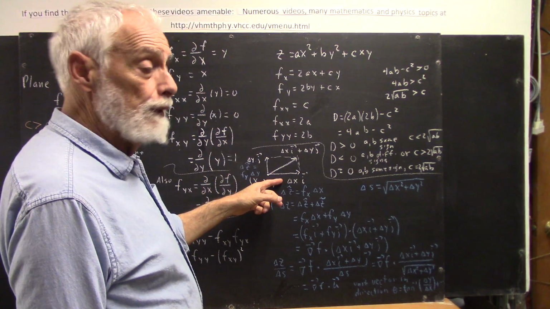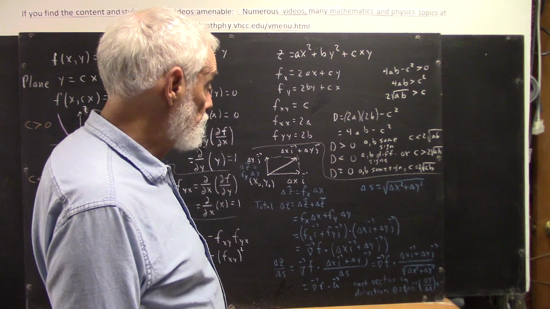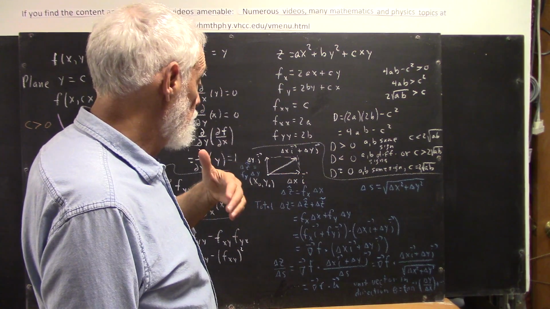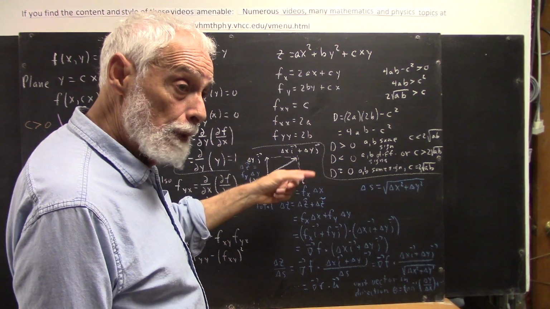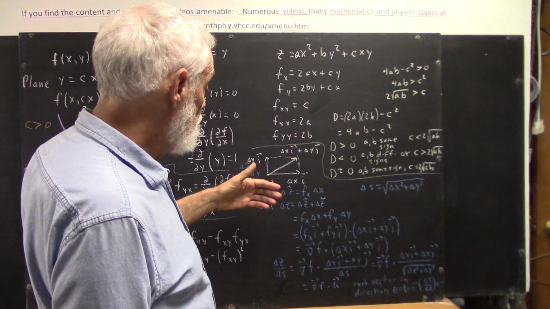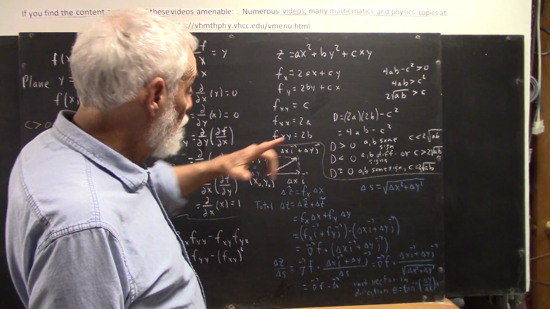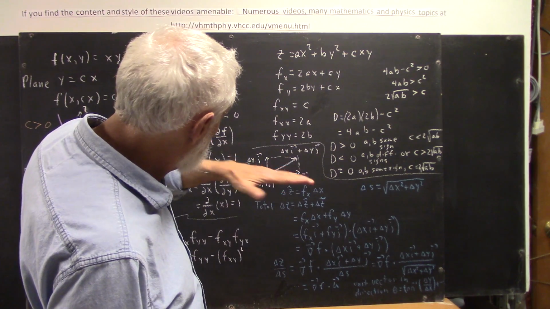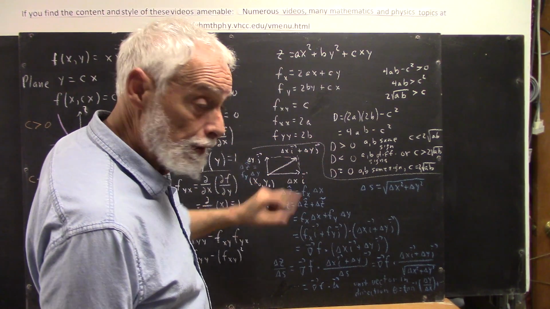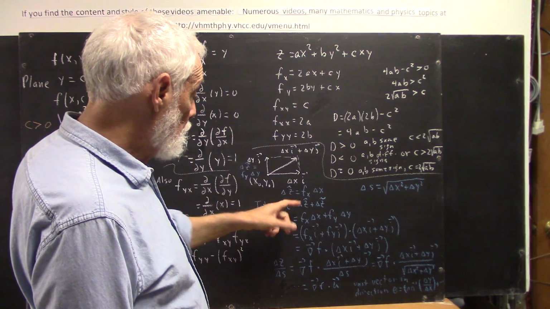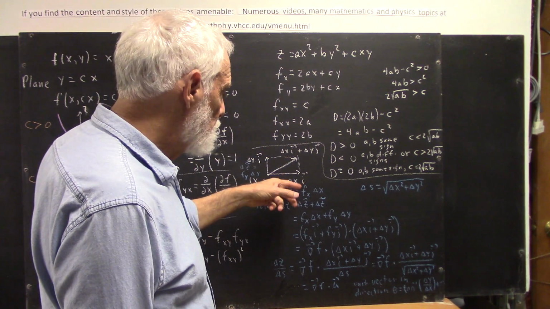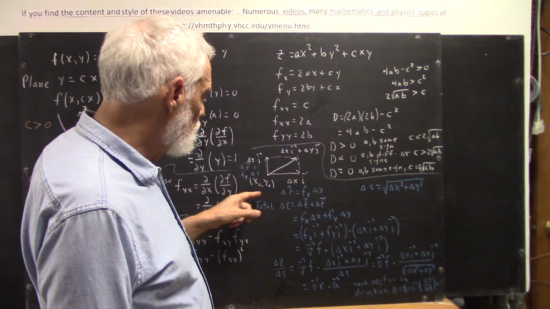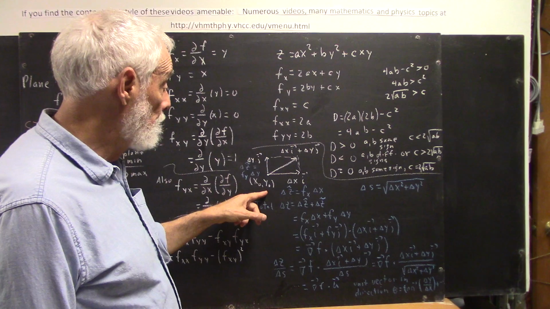Okay, if we move a distance delta x in the i direction, then what's the change in z going to be due to that motion? Well, it's going to be equal to the slope of the graph in the xz plane multiplied by delta x. The slope of the graph is fx. Now, implicitly, fx is evaluated at the point x0, y0.